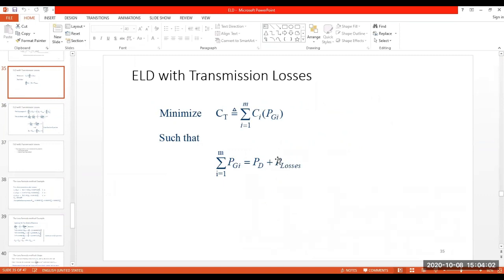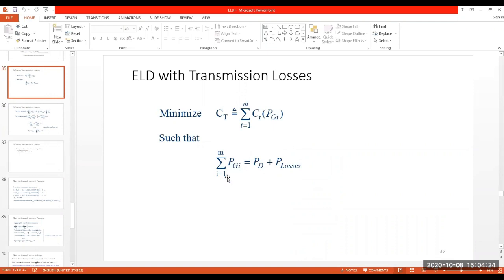That means we are taking some guess by neglecting the losses to start with, because you don't know the losses, so you can't have any assumption for the losses. But you know the demand, so you can take some calculated guess for the 3 PGs.